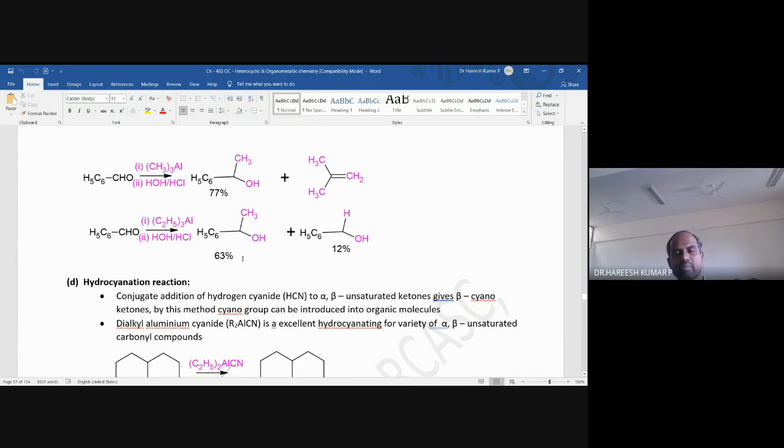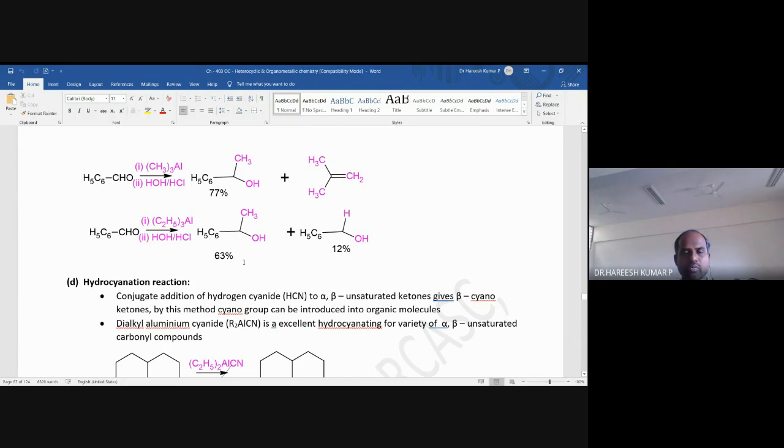And the 63% product, of course you need to change this to an ethyl. So ethyl means phenyl propanol. More particularly, we have to say 1-phenyl-1-propanol.